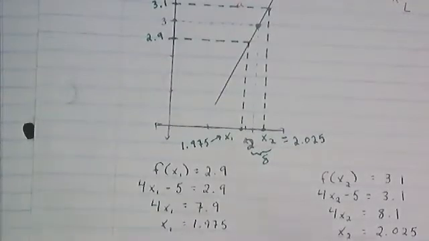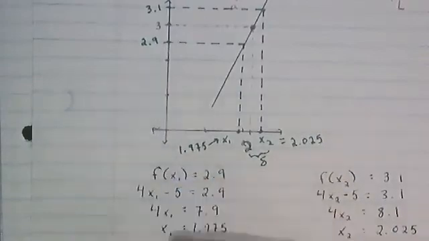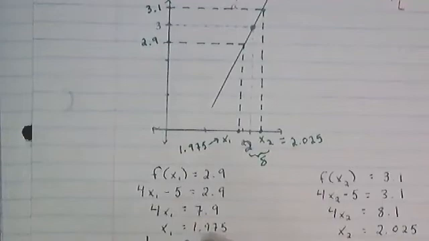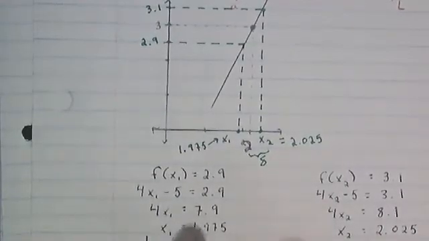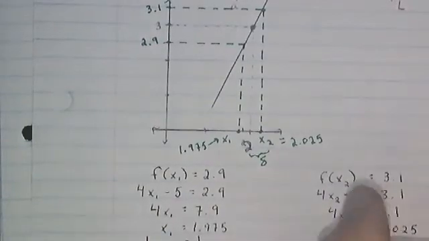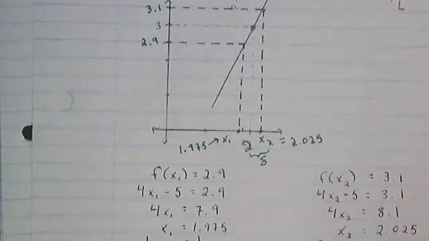So the absolute value of x sub 1 minus 2 is 1.975 minus 2, negative 0.025, or 0.025. Over here, we see the same thing.